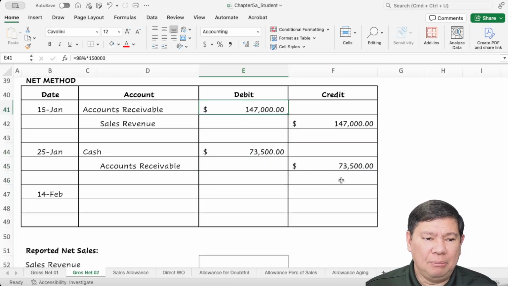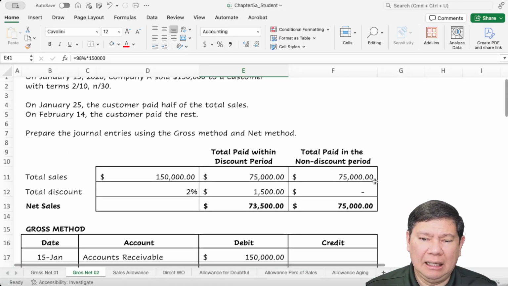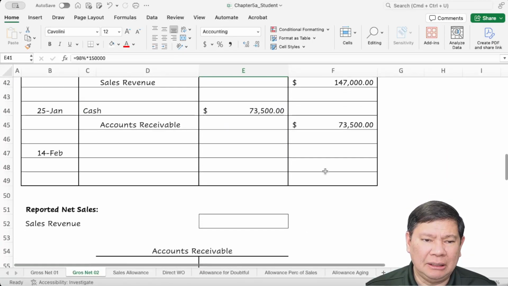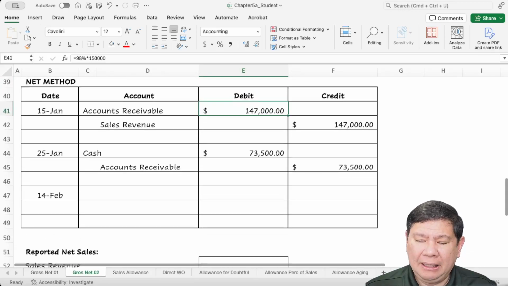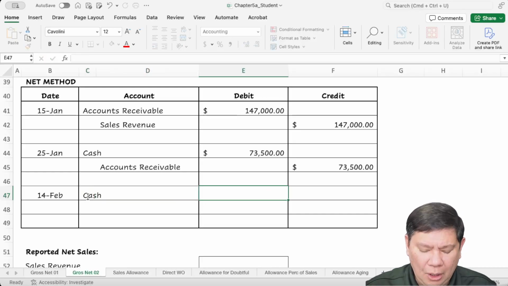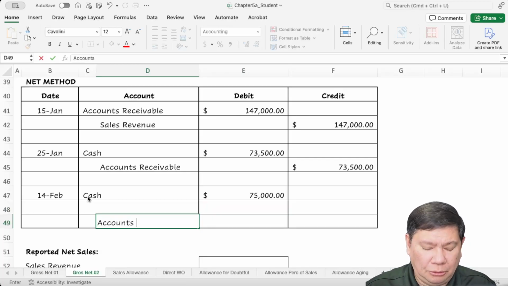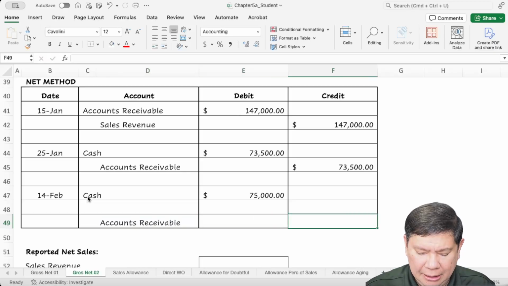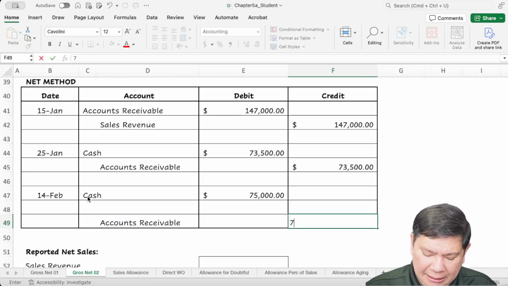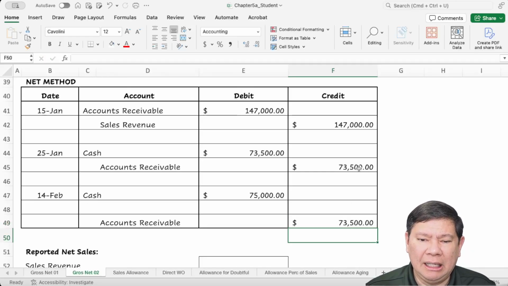But then on February 14, when the other $75,000 is paid, we get the full amount, although we expected in our accounts receivable at the beginning $73,500 based on the net amount.